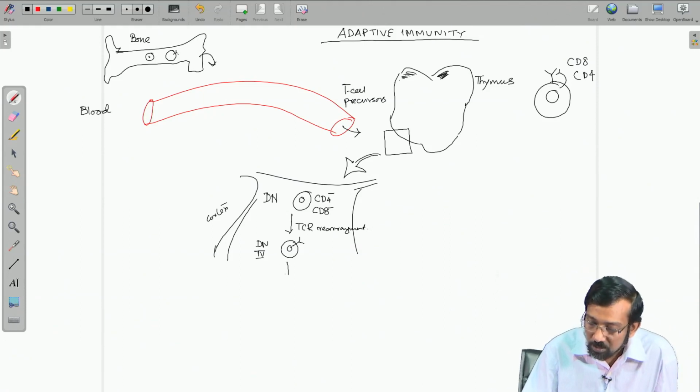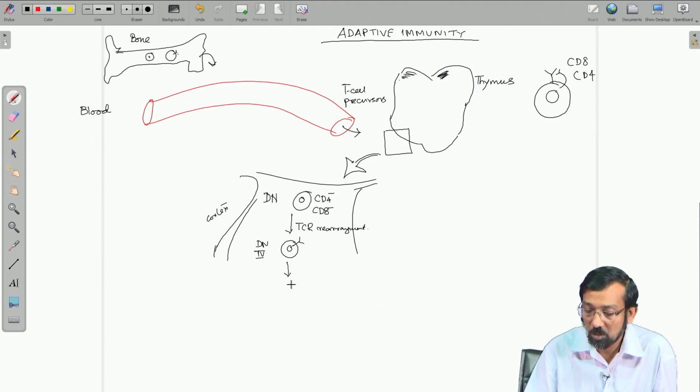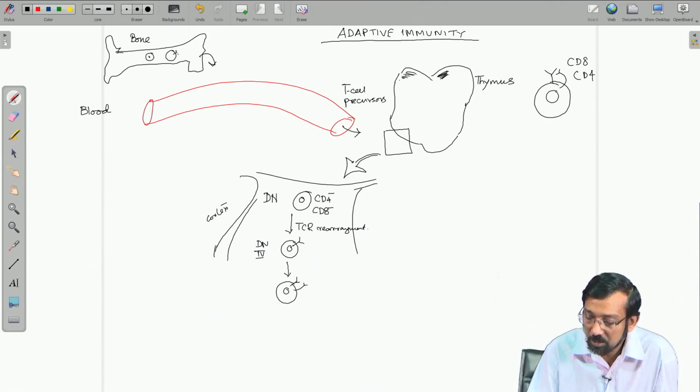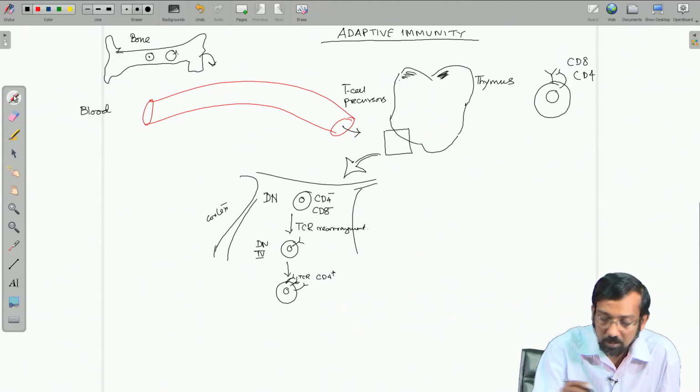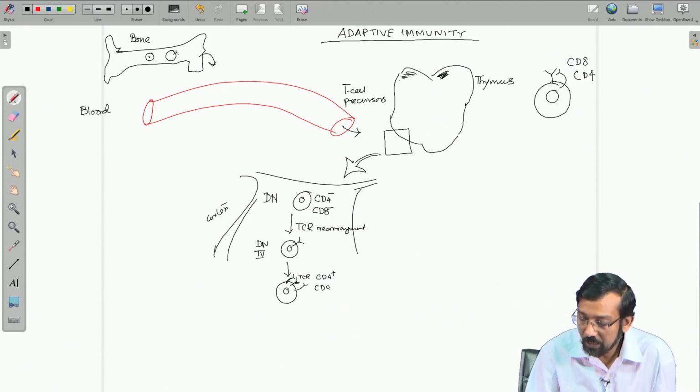Now, these cells start to express on their surface both the CD4 and the CD8, and of course, the T cell receptor. So, this is the TCR and they are CD4 plus as well as CD8 plus.